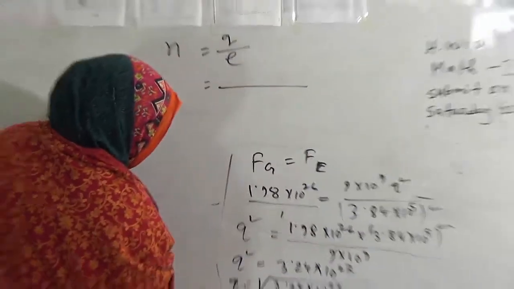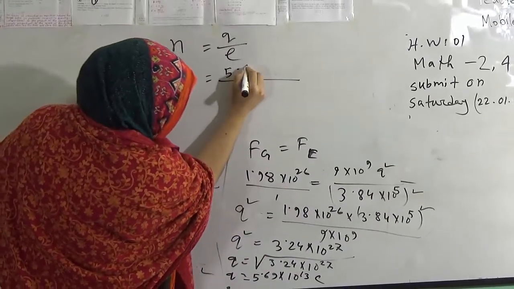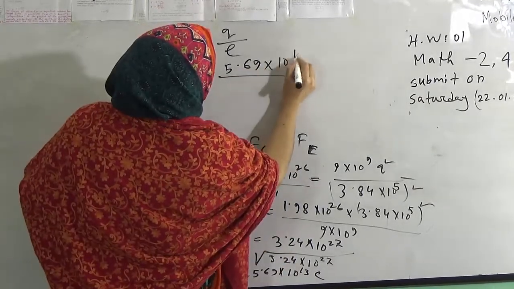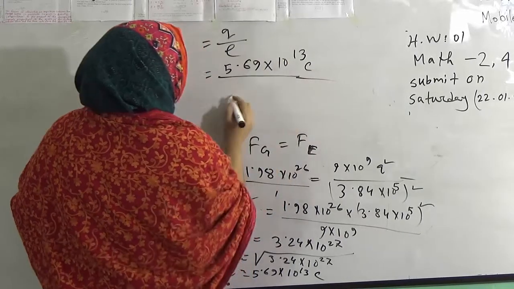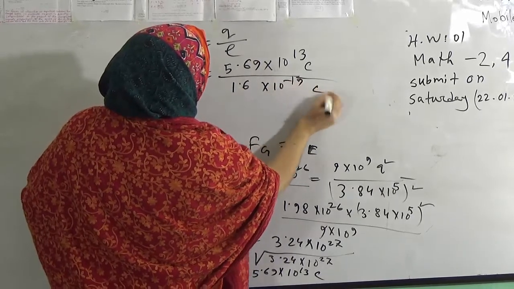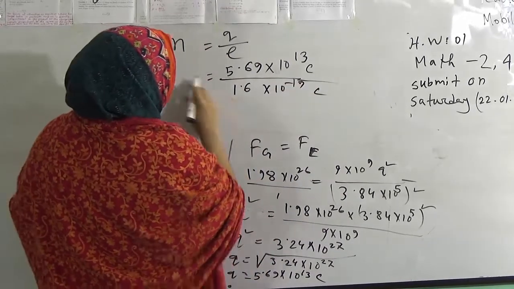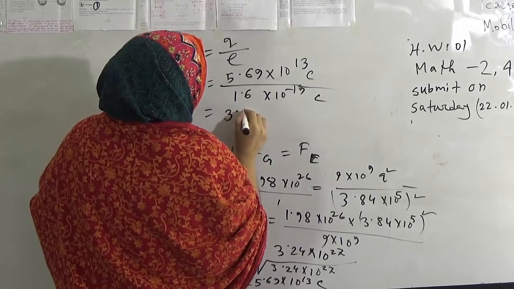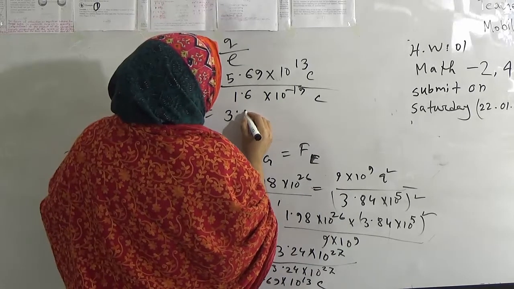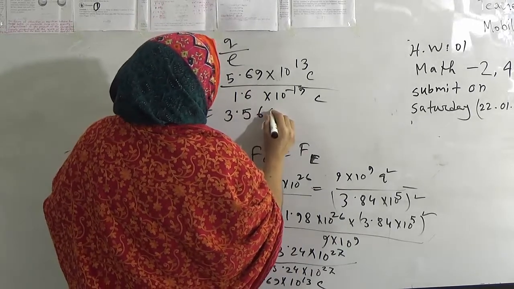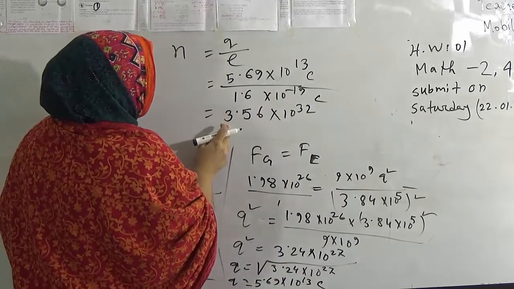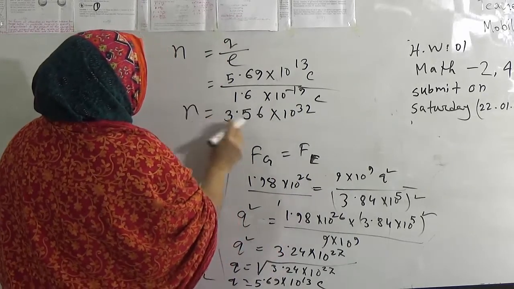So the value of Q is 5.69 into 10 to the power 13 Coulomb divided by the charge of the electron, which we know is 1.6 into 10 to the power minus 19 Coulomb. By using this formula we can find out the number of electrons. The number of electrons will be 3.56 into 10 to the power 32.